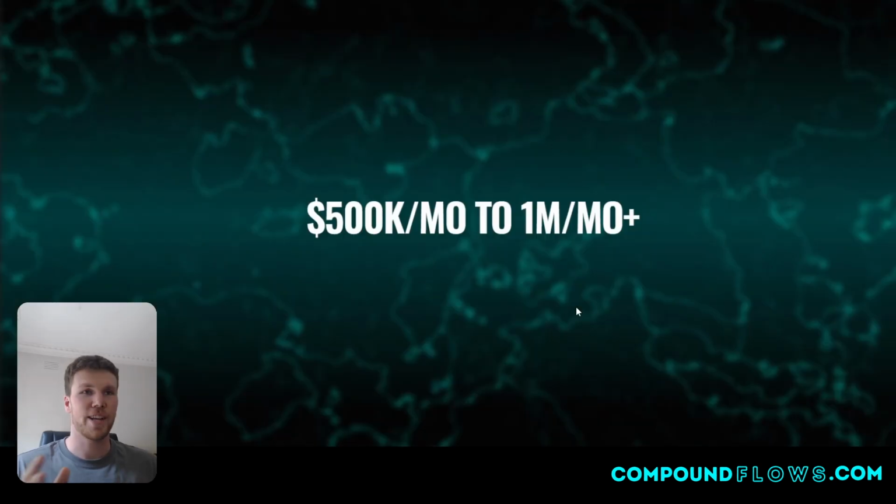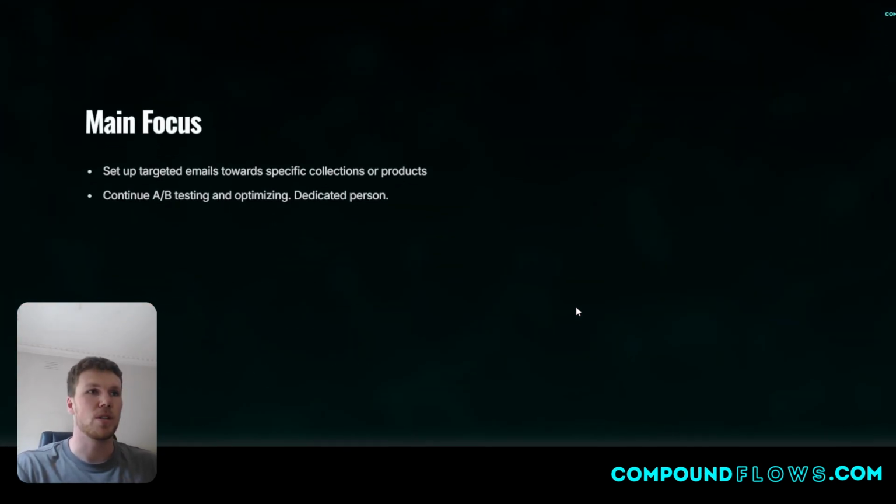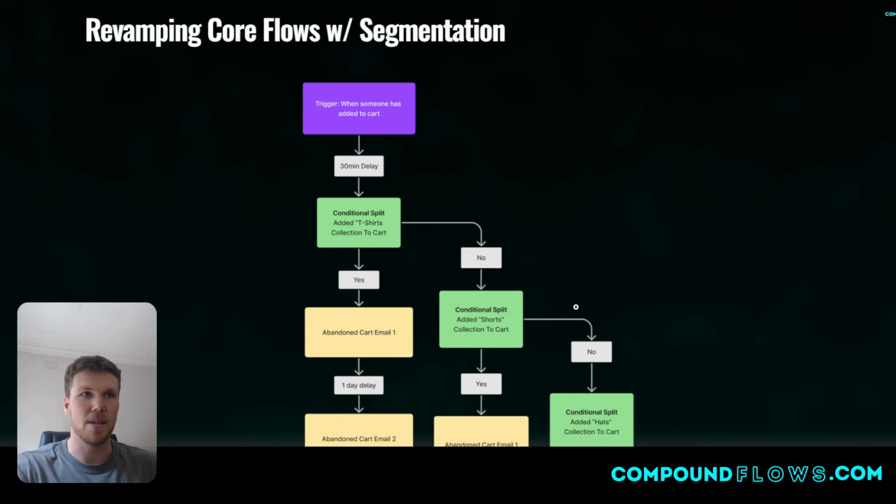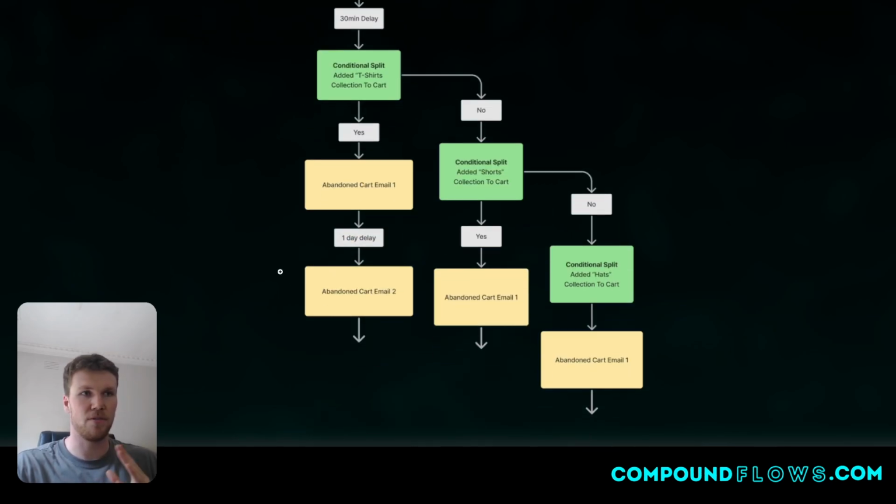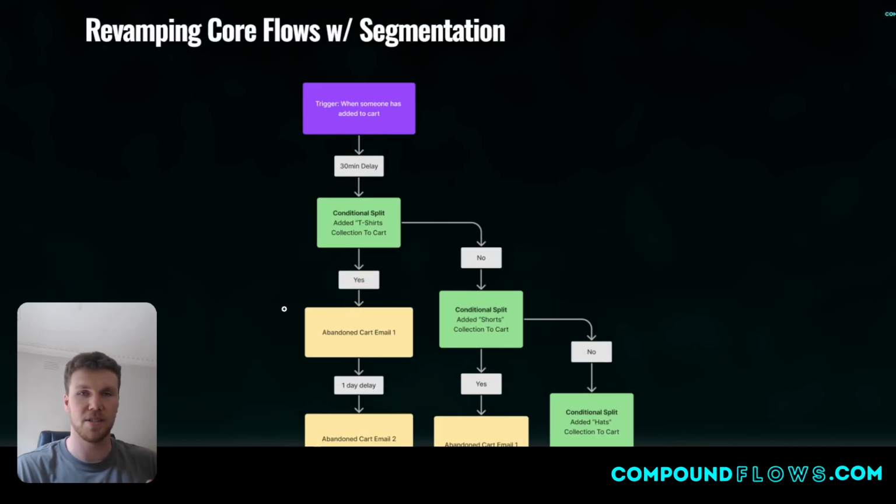Highly recommend. Okay, if you're still with me and you're doing over 500K per month or more, again, you still want to be doing more of the same, but now you really want to take the next step. And the next step is almost like revamping your flows and actually personalizing them and segmenting customers down. For example, with the browse abandonment flow, if they viewed a product in, let's say, the t-shirt section, you want to have your emails and follow-up emails centered around t-shirts.